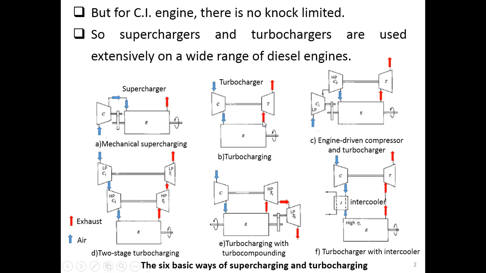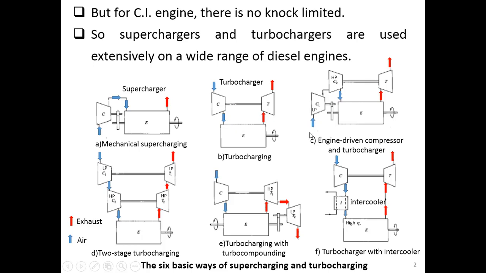The exhaust that flows out from the engine, before leaving to the atmospheric conditions, will flow through the turbine in order to drive it. Then the turbine will deliver the power to the compressor here. So the air flowing into the compressor will be compressed and sent to the engine. This is the second configuration, called the turbocharger.